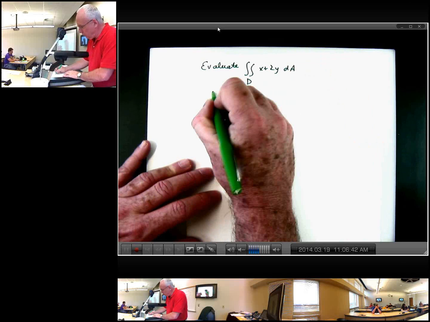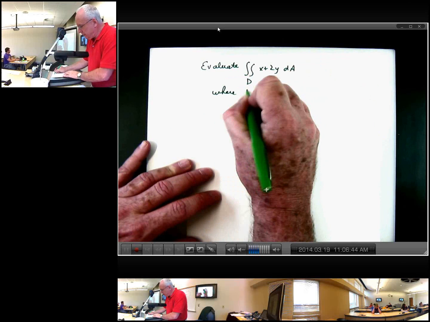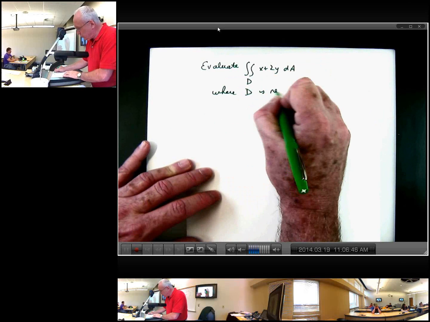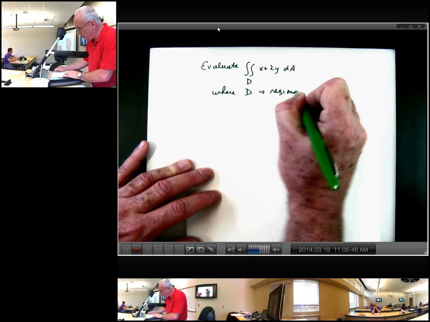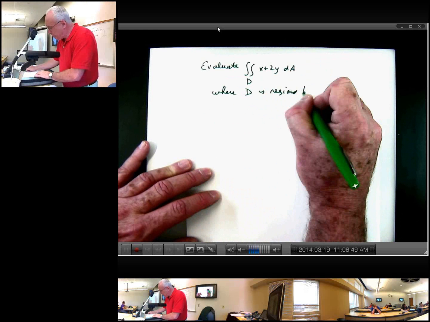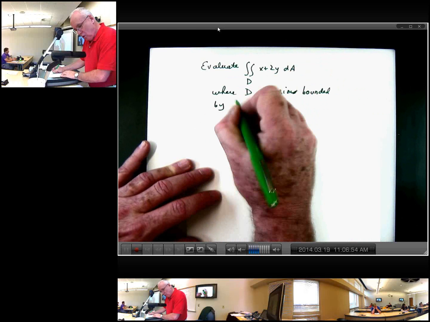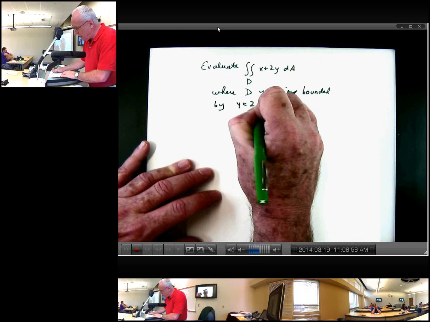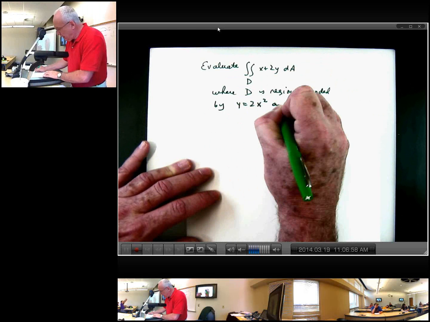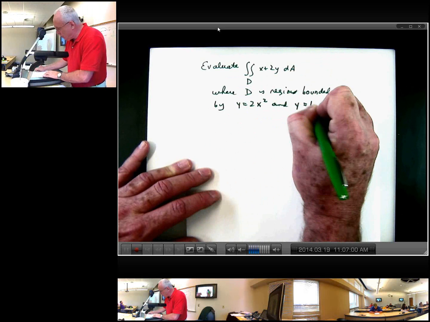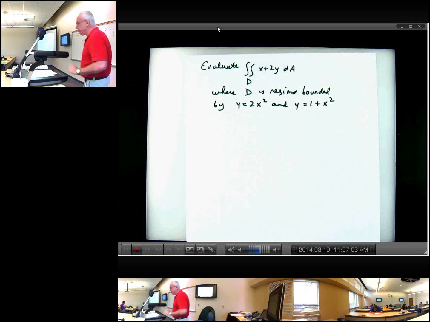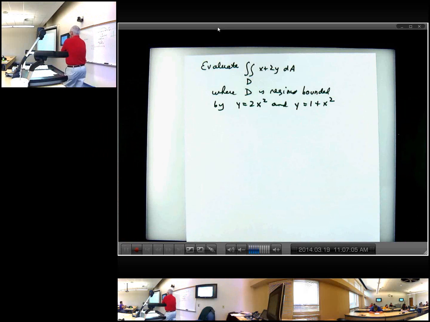Now here we're told where D is the region bounded by y equals 2x squared and y equals 1 plus x squared. All right. So that's our region that we're integrating over.